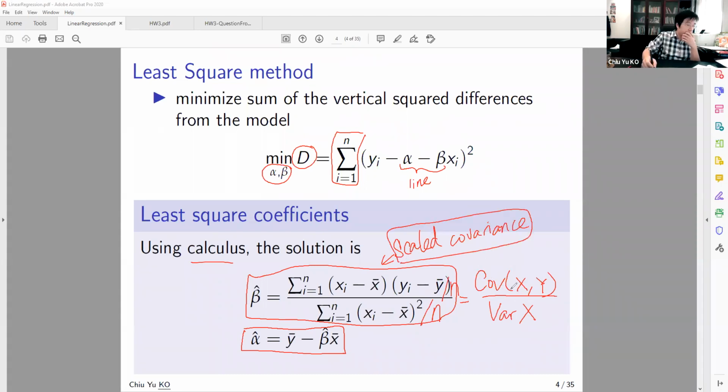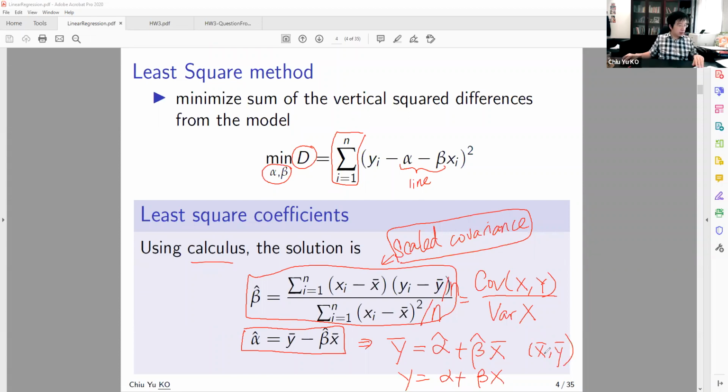And look at the meaning of this alpha. We write it in this way: y bar equals alpha hat plus beta hat x bar. You can see this is very similar to the line equation. That means that if you have this best intercept and best slope, the line would go through the mean, x bar, y bar.